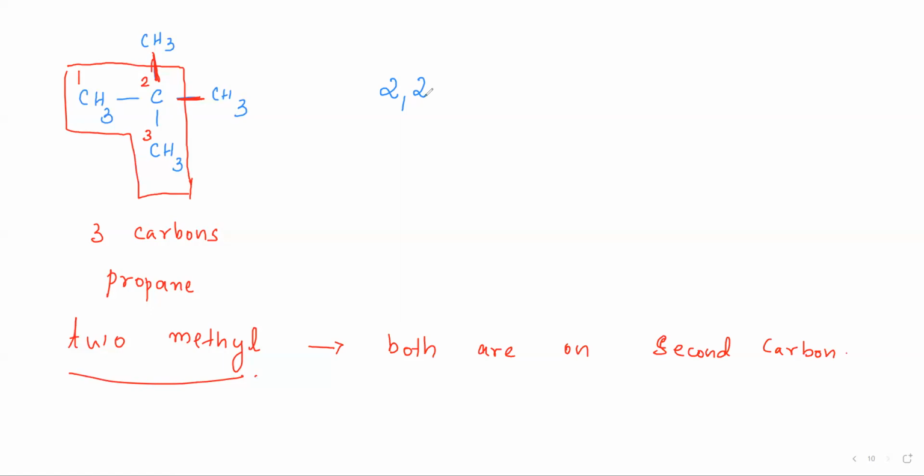Second methyl is also on the second position. 2, comma 2 dimethyl, and then the name of the parent, propane. 2, comma 2 dimethyl propane. Okay. Next example.